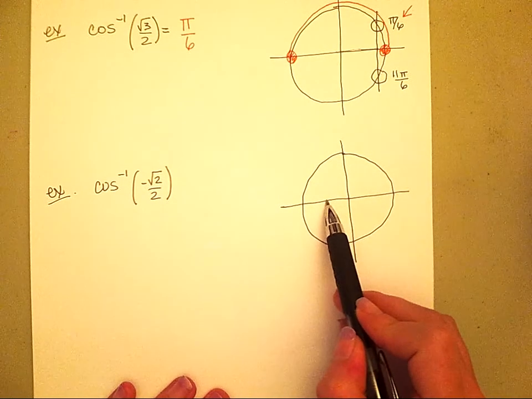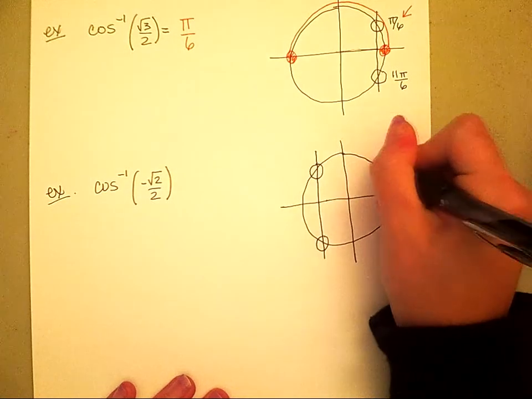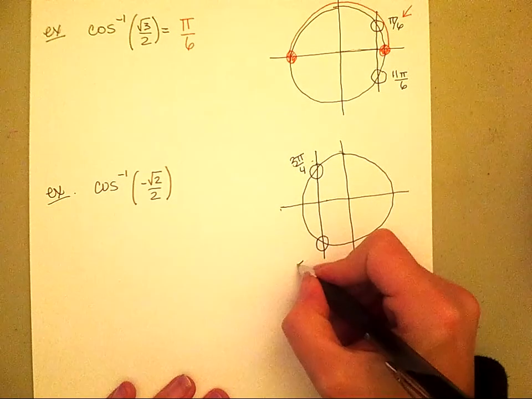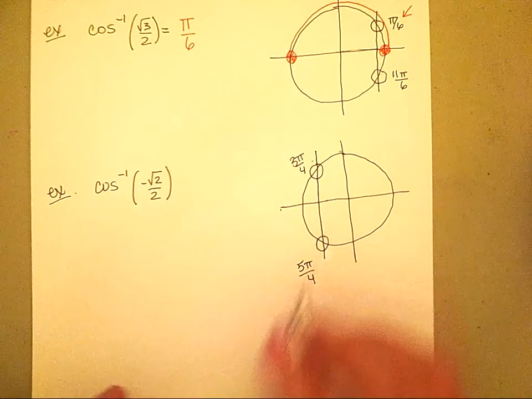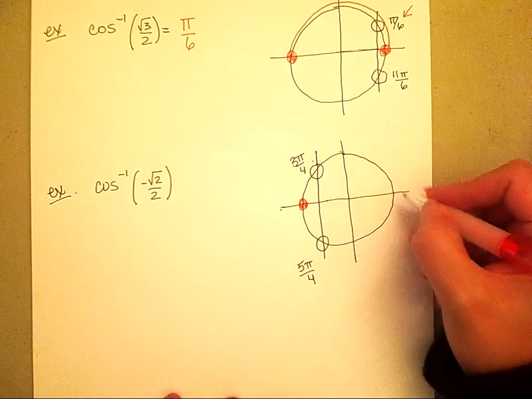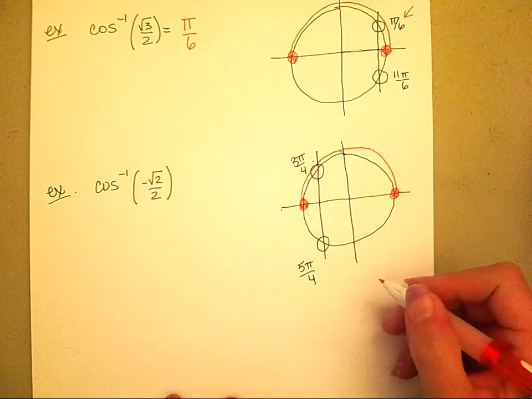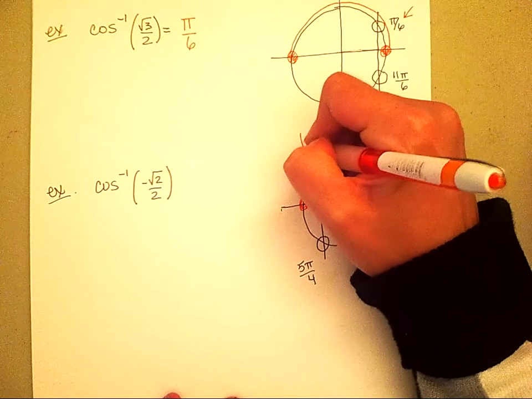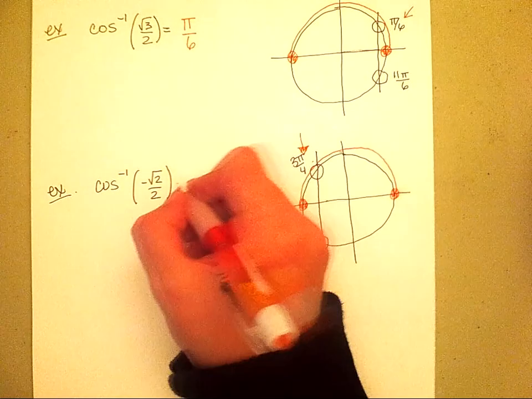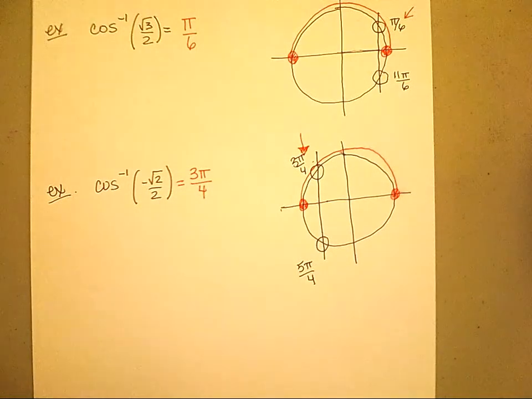Where the cosine is negative root 2 over 2 happens in two places in one looping, here and here. This is 3 pi over 4 and 5 pi over 4. To decide which I use, I draw in the restrictions, and it's clear that the angle that meets the range restrictions is positive 3 pi over 4.